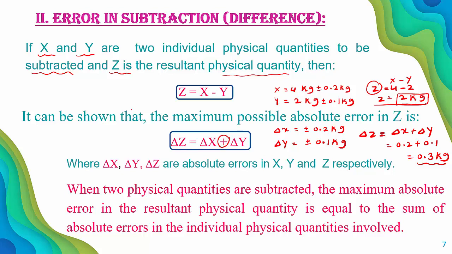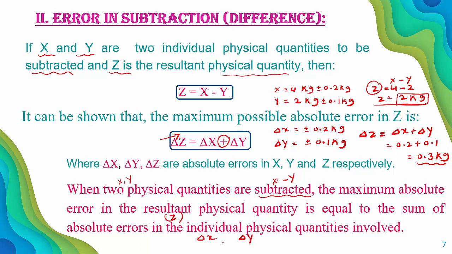So this equation can be written in statement form. You can observe the sentence: when two physical quantities, x and y, are subtracted, that is x minus y, the maximum absolute error in the resultant physical quantity, z, is equal to the sum of absolute errors in the individual physical quantities involved.